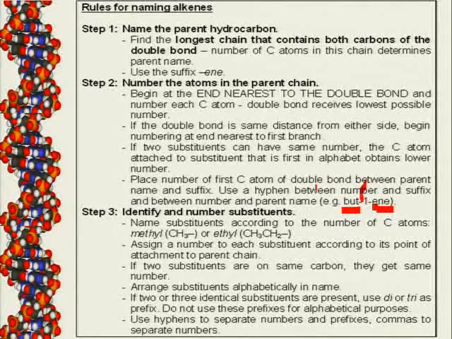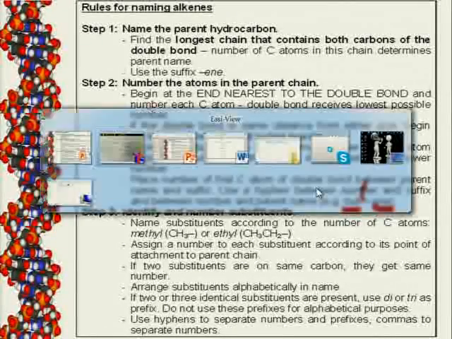I will show you what we mean now. And then you arrange the substituents alphabetically. If you've got more than one, like two substituents of the same type, methyl, you use di. If there are three, you use tri. And you must also remember to use the hyphen to separate the number and the prefix, and the comma to separate numbers. So let's have a look at the examples.